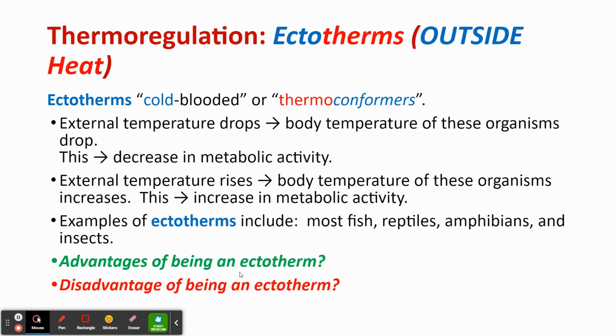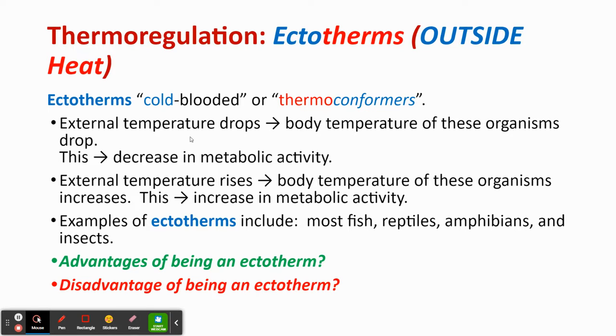And in the pivot lab that we did, we talked a lot about thermoregulation. You may not realize it, but in the pivot lab, we were looking at ectotherms and endotherms, and we looked at basal metabolic rates. And we saw that the ectotherms were much more affected by temperature than the endotherms. Okay, so ectotherms, otherwise known as cold-blooded or thermoconformers, because they conform to the temperature outside their bodies.